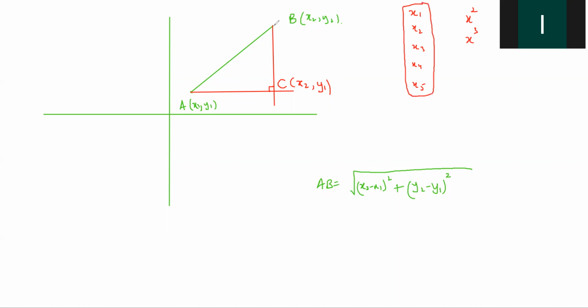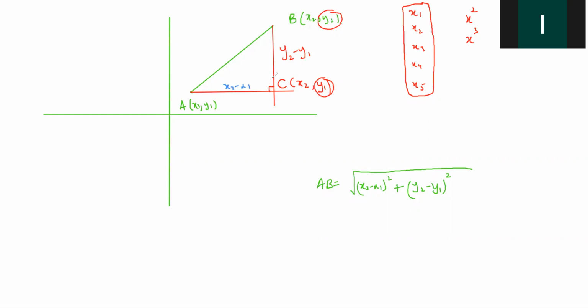When I say what is the distance BC over here, that is basically y2 minus y1. The difference between these two values of y, okay? Similarly, the distance AC can be written as x2 minus x1.